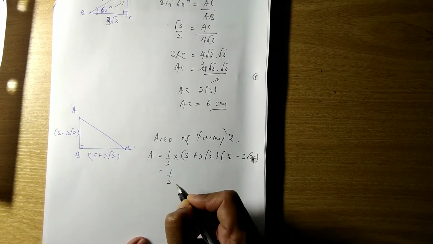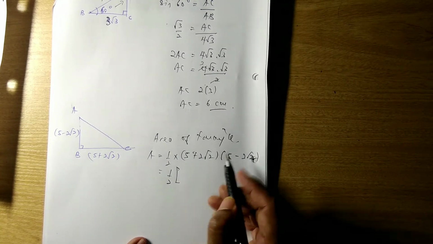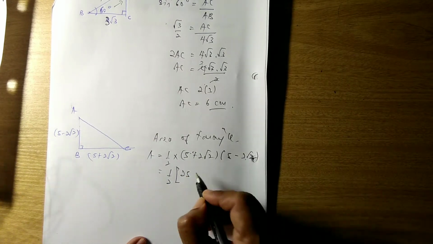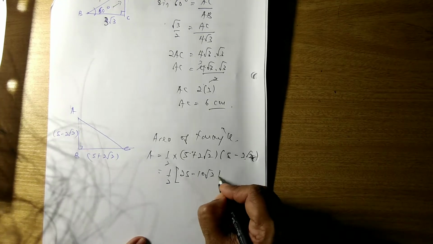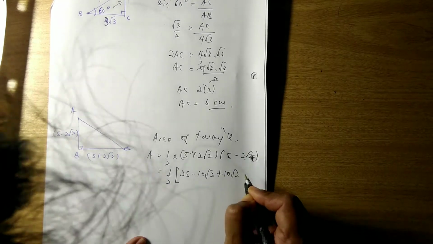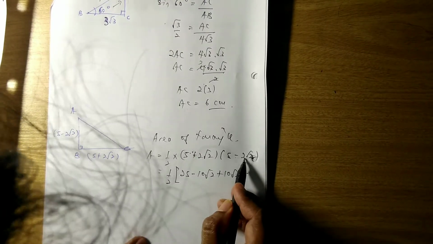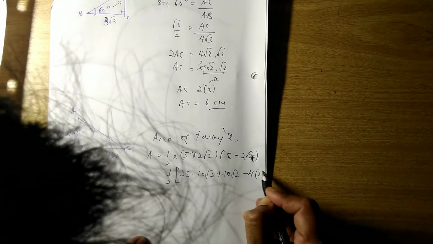So expand this out. This is 25. When we multiply here, minus 10√2. We multiply here, plus 10√2. Positive, negative, minus 2 times 2, you get 4. √2 times √2, that's 2.